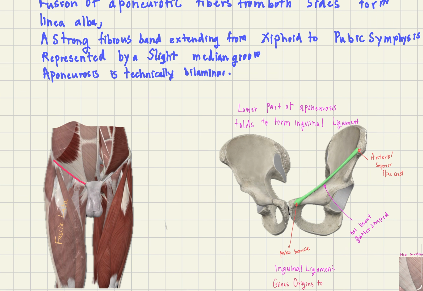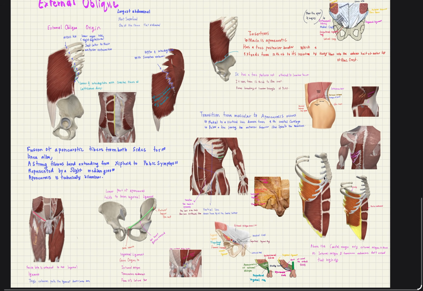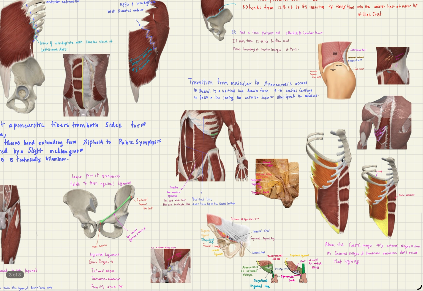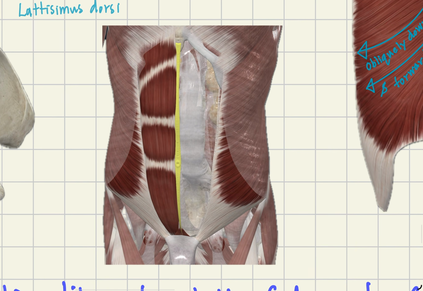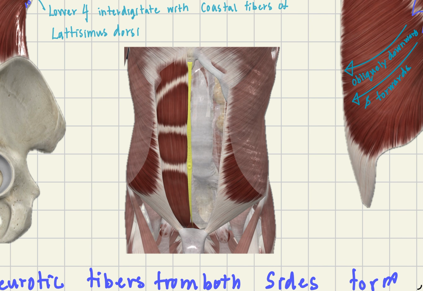So there is something in the middle which we call the linea alba. They interdigitate with each other as they run obliquely downwards and forwards, across in front of the rectus abdominis along the whole length of the linea alba.